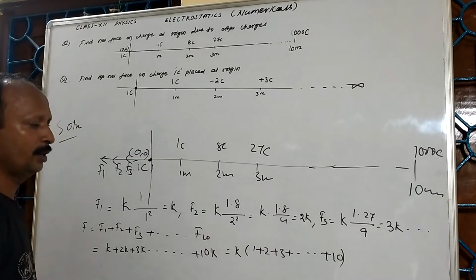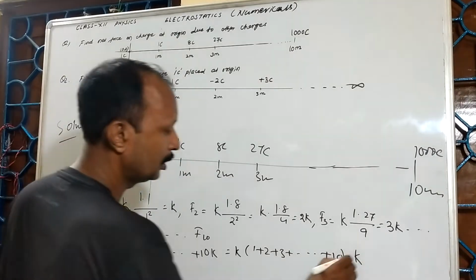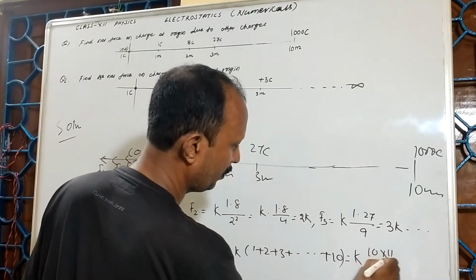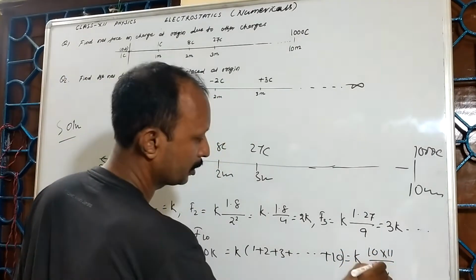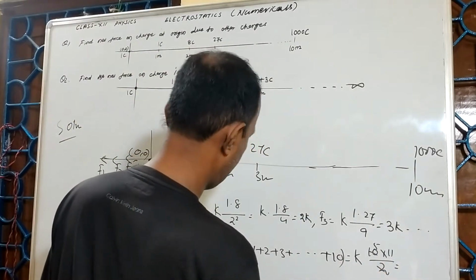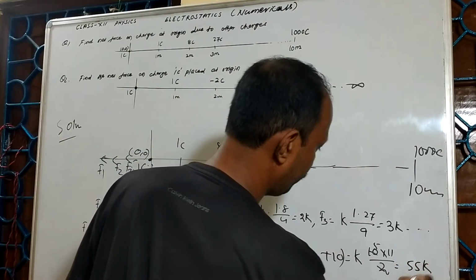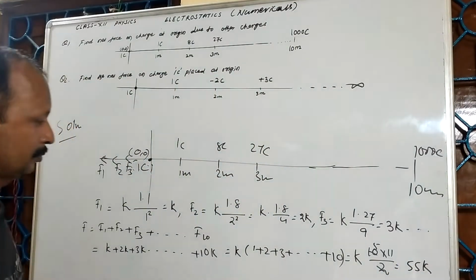This is the sum of the natural numbers 1 to 10. That means K into 10 into 11 divided by 2, which is equal to 55K. Clear?